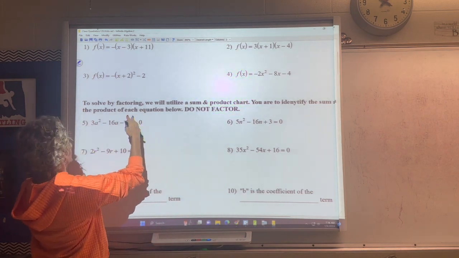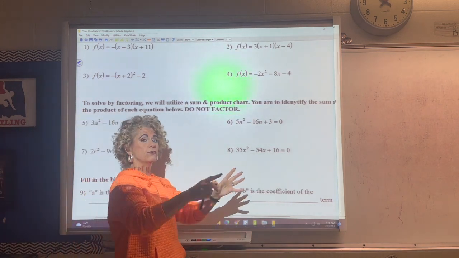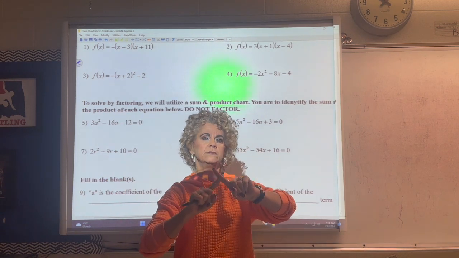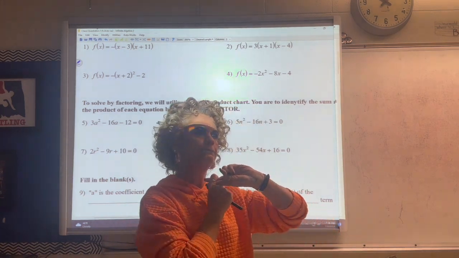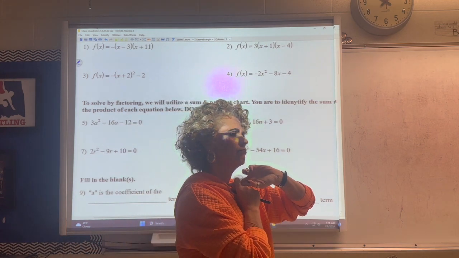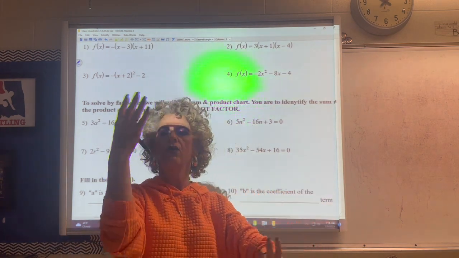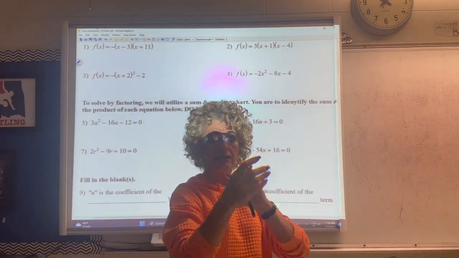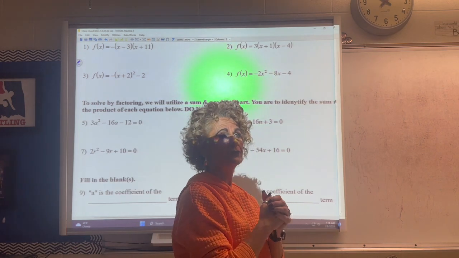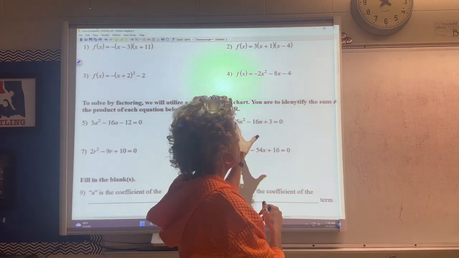This is already one side equal to 0. First and foremost, whether factoring, completing the square, or using the quadratic equation, it doesn't matter, we have to get one side equal to 0.